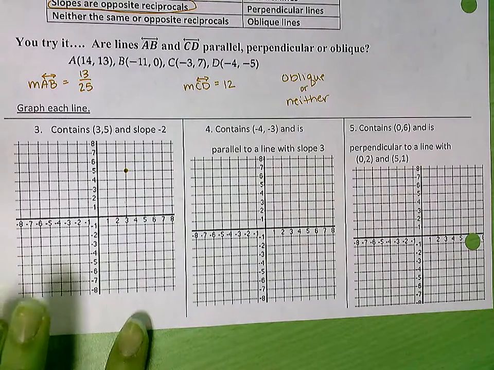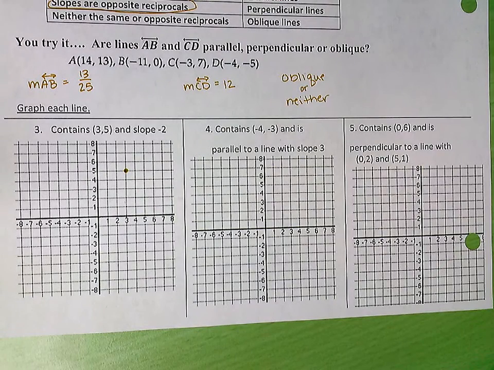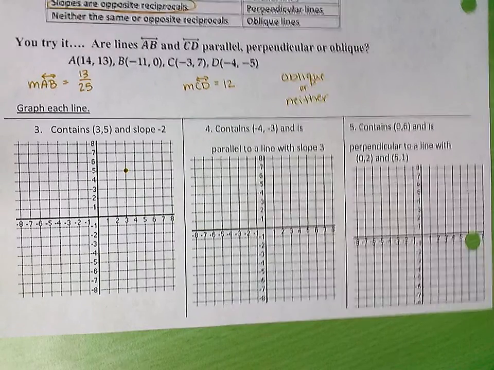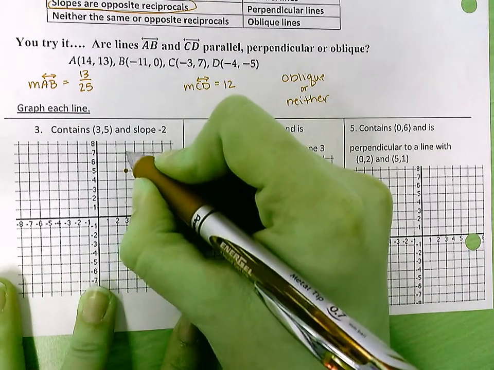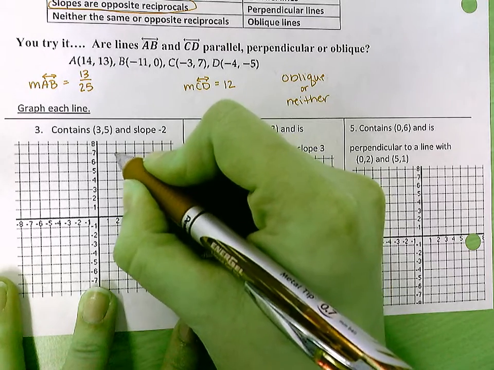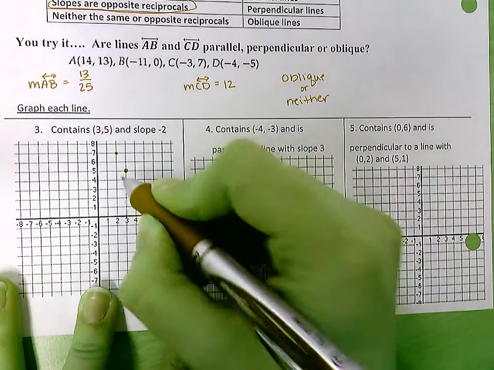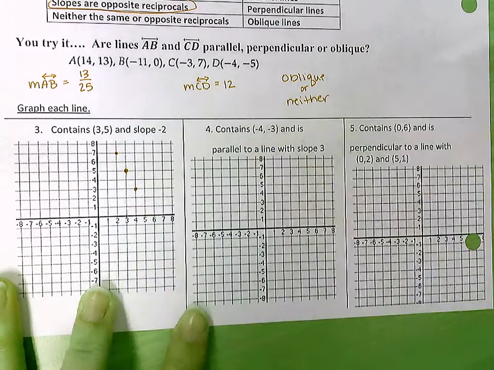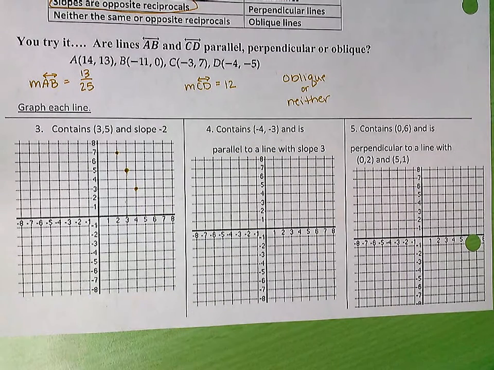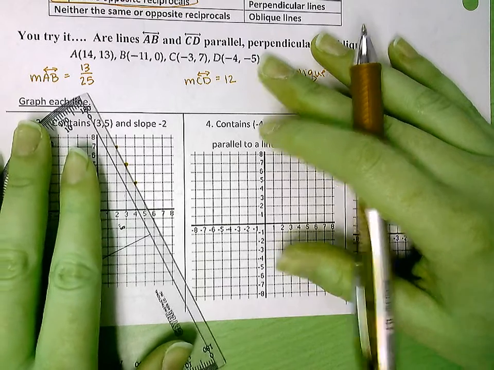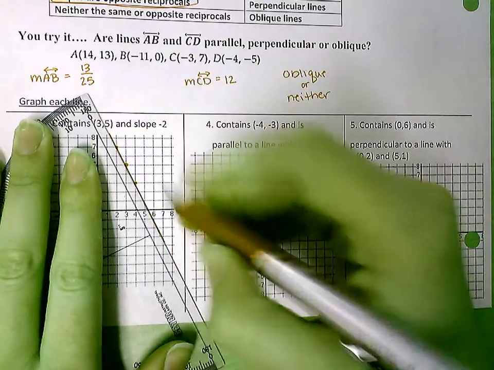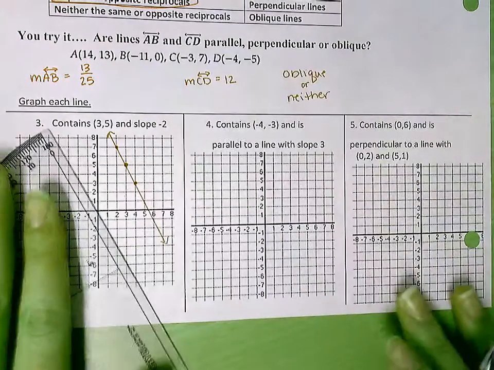Here's my point. Now I want to use my slope of -2. So you can either rise 2 and go left 1, or you can go down 2 and right 1. Okay? Either way. And then straight edge. Connect those points. That should be my line.